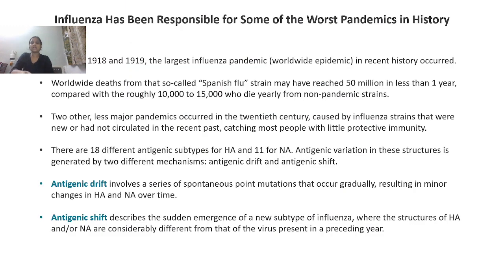Influenza, as I already told, has been responsible for some of the worst pandemics in history. The largest worldwide epidemic in recent history was in 1918 to 1919, the Spanish flu, and deaths reached 50 million in less than 1 year. You can understand how many people died in this one pandemic, compared with the roughly 10,000 to 15,000 who die yearly.